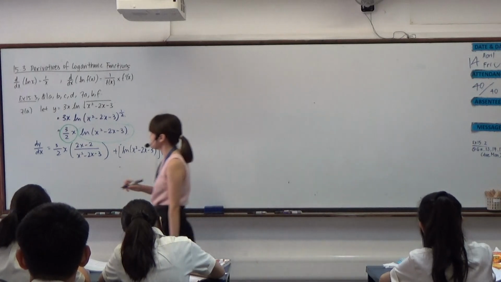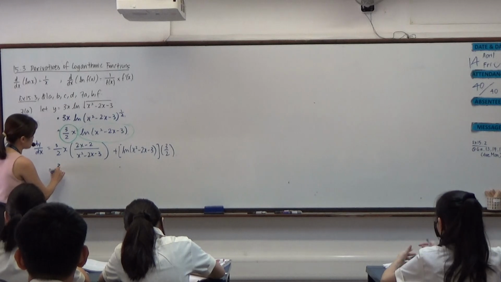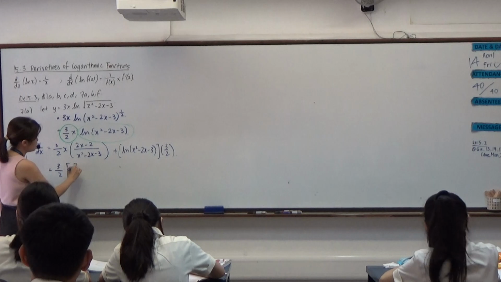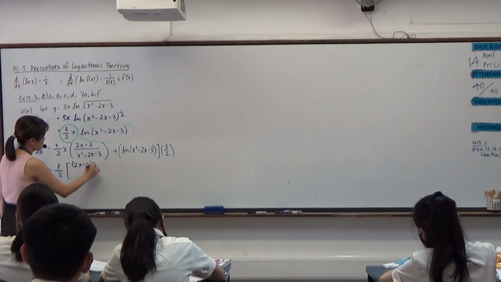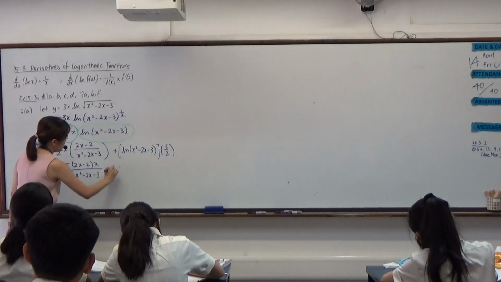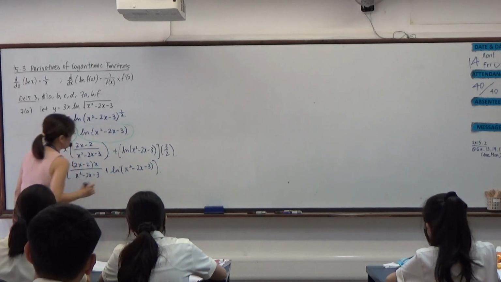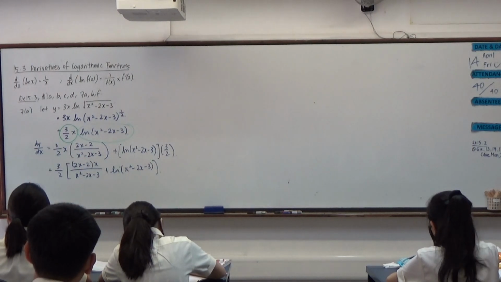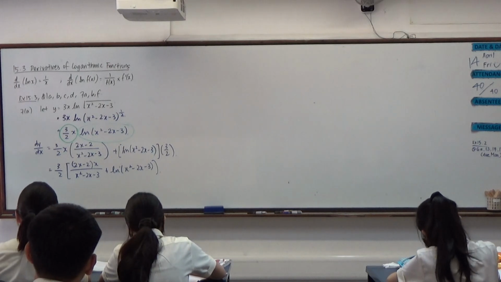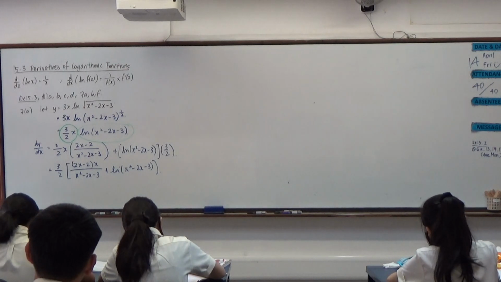Then we tidy things up a little. You could choose to factorize out the 3 over 2, and then here we will have 2x minus 2 times x over x squared minus 2x minus 3 plus the logarithm. So this is one way that you could possibly leave the answer.